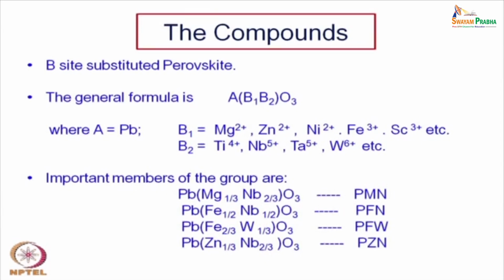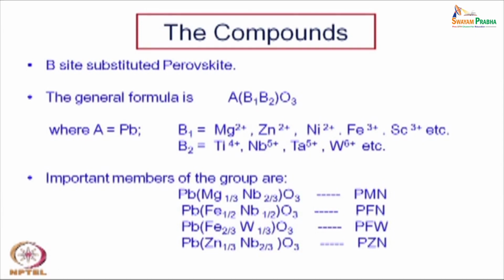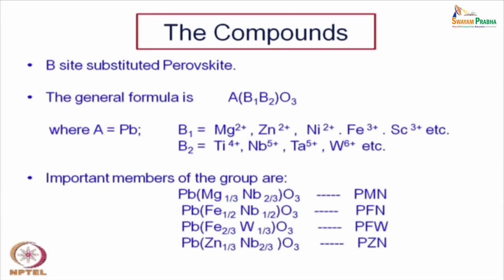So, the possible atoms in the B2 site are Ti 4 plus, niobium 5 plus, tantalum 5 plus and tungsten 6 plus. And B1 will correspond to magnesium, zinc, nickel, iron and scandium, either 2 plus or 3 plus.